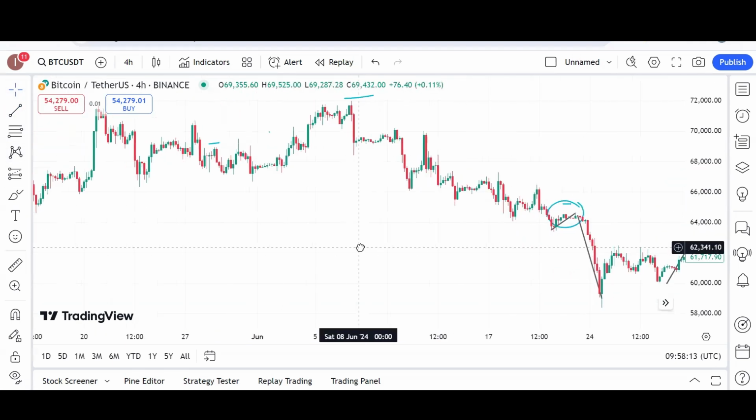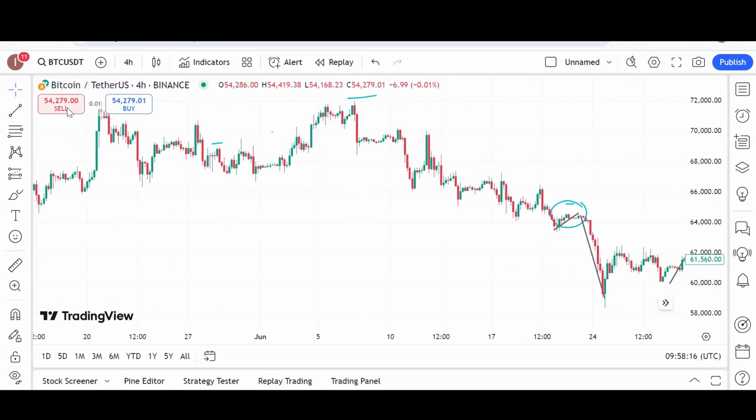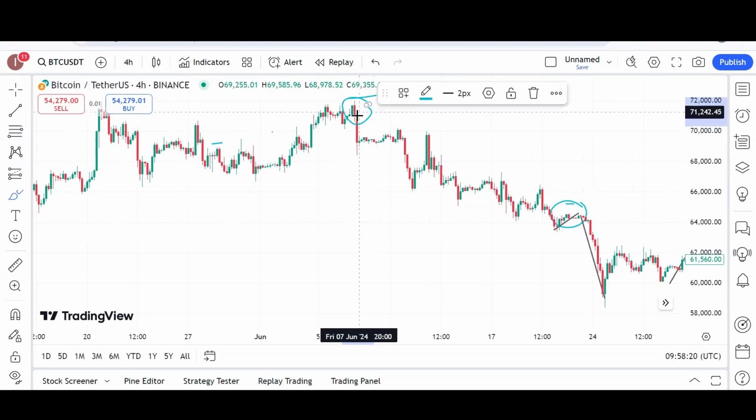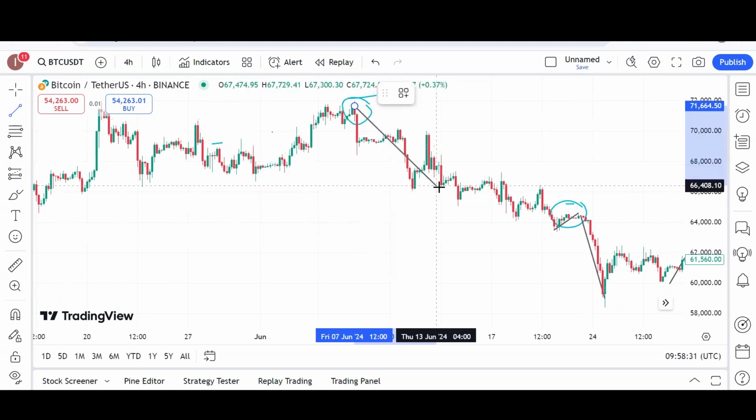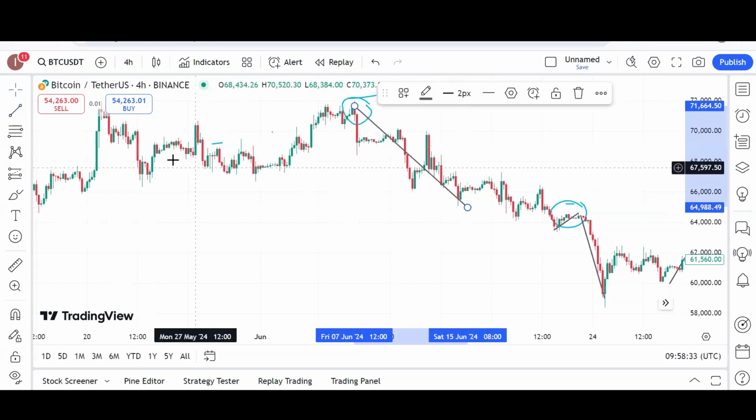Now we can see another example. This is the perfect example. Now you can see the bullish candle appears, but the next red bearish candle engulfs the previous green candle, and then the market goes in a downward direction.